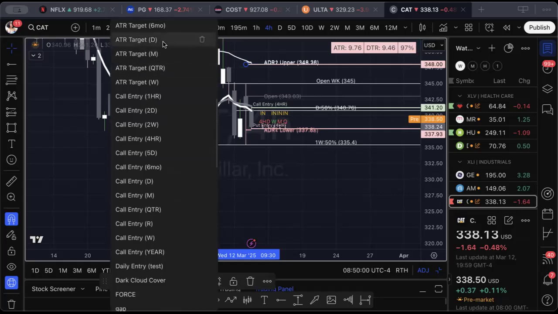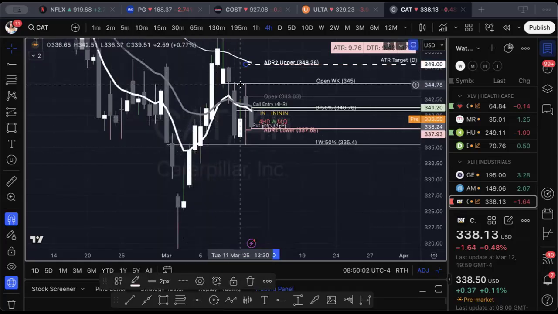As always, I like to remind you all, because I do have a lot of new people that follow this channel all the time, the ATR is not a directional indicator. It basically says if we were to do nothing but move to the upside the entire time, we could see as high as 348. And if we were to drop, we could see as low as 328.48.